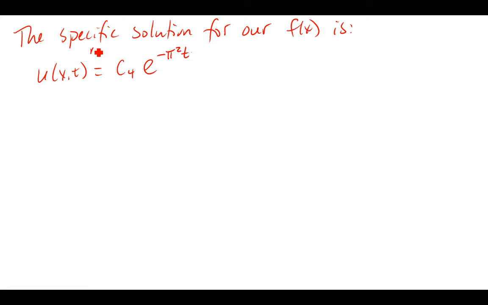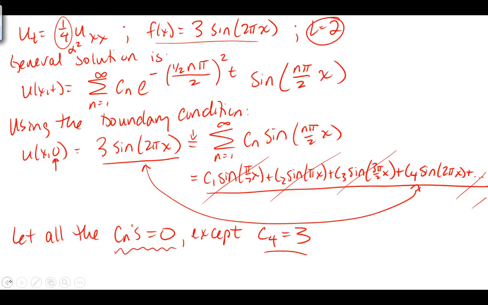Let me remind you, we're just doing n equals 4. And then my sine piece, sine of n pi over 2. And once again, the only one I'm doing is 4. So I'll have 4 pi over 2, also known as 2 pi x.